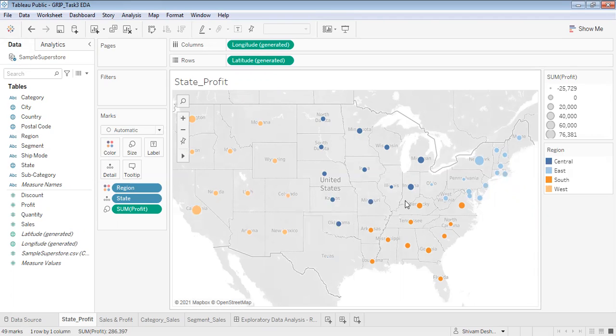Then there are also some states which haven't performed well, like in the east region, Ohio, in the central region, Illinois, and many more states. Pennsylvania also. So in these states, we have to increase our profit. We have to increase our sales. So we have to look at this.